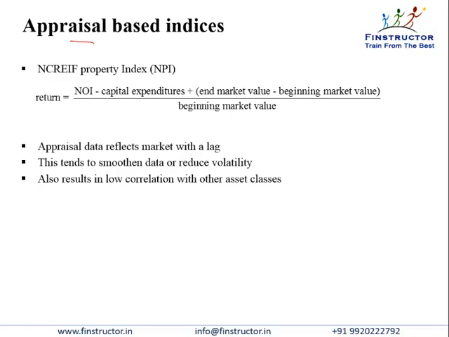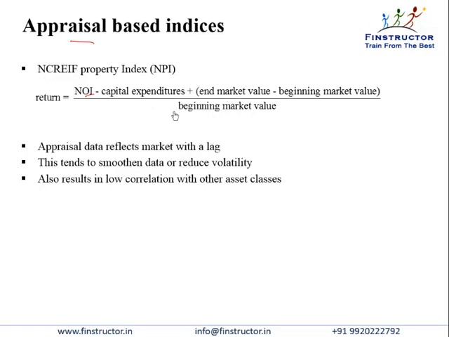So remember that the return on the property would be calculated as the net operating income, the same as we studied in the previous class, minus the capital expenditures, the repairs, etc. that have to be done, plus the ending market value minus the beginning market value.